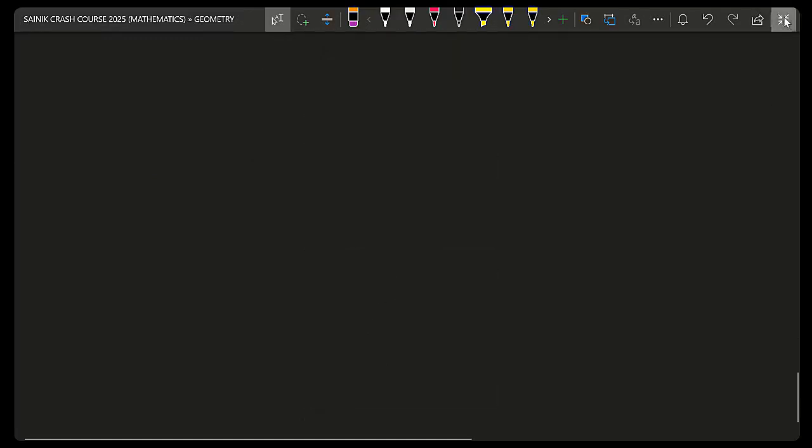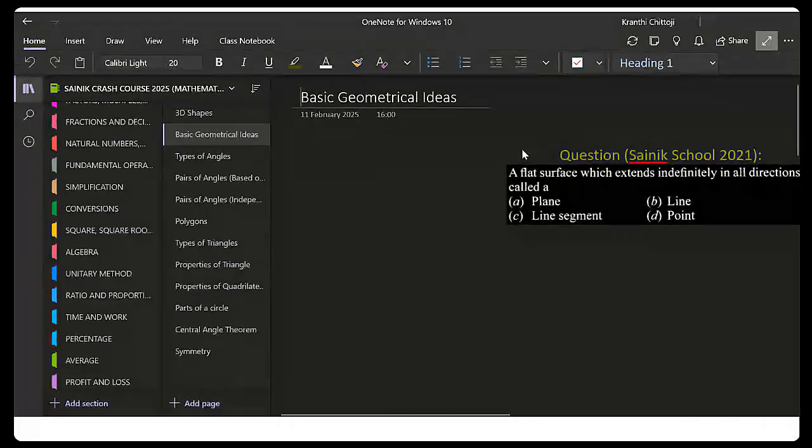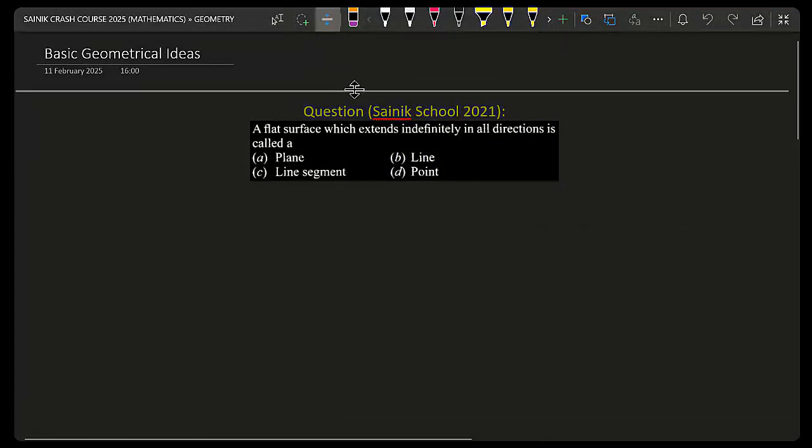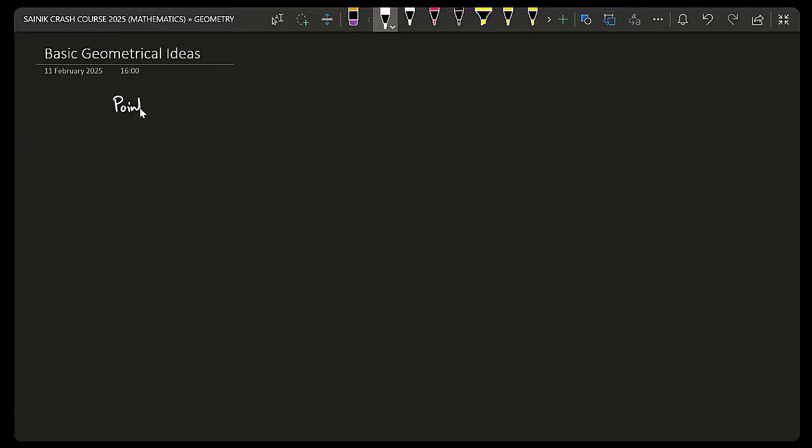So this is about the 3D shapes you have to remember. And then the basic geometrical ideas we are going to discuss, like point, line segment, ray, etc. First we discuss point. What is a point? A point is a very small location. Actually, it does not have any dimension. There is no length, breadth, or height. It is used to specify only the location.